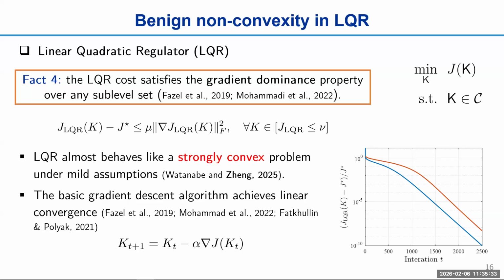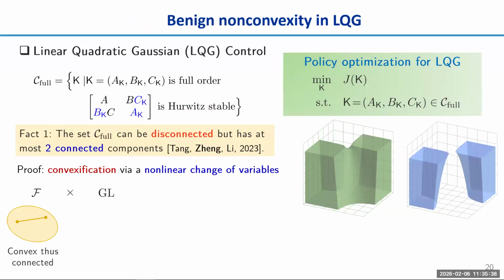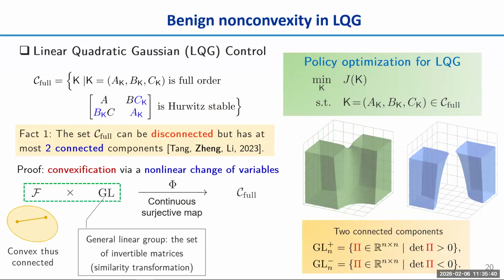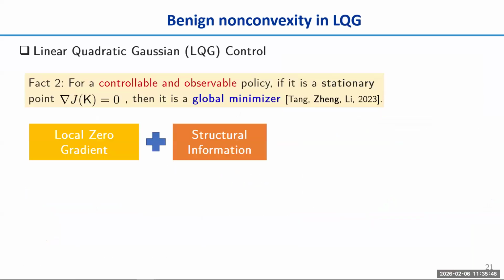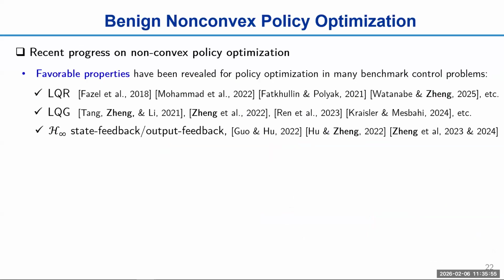Great, thank you for the questions. All right, as we talked about, we see two proofs using convexification right now, and this second fact will be proved using convexification as well. I'm going to show you in the second part.